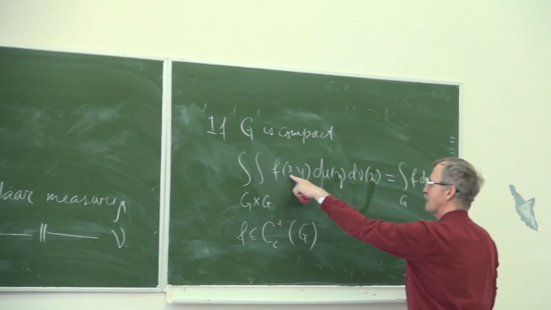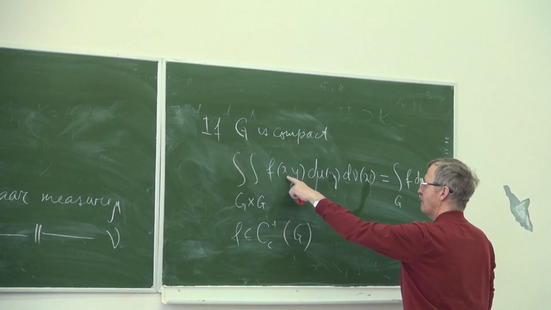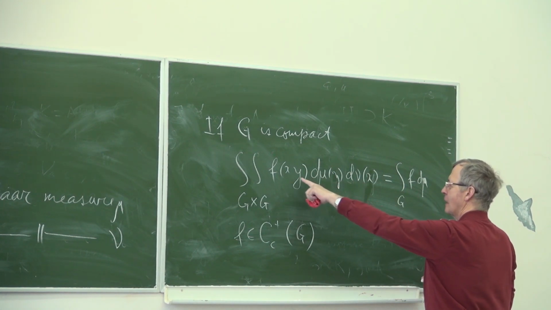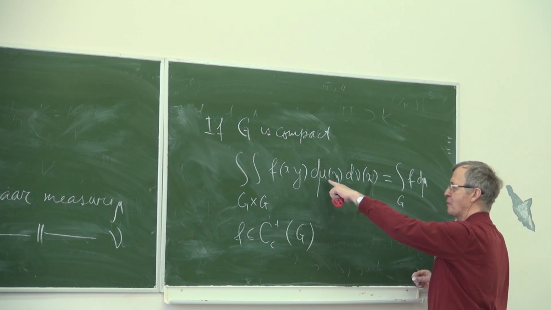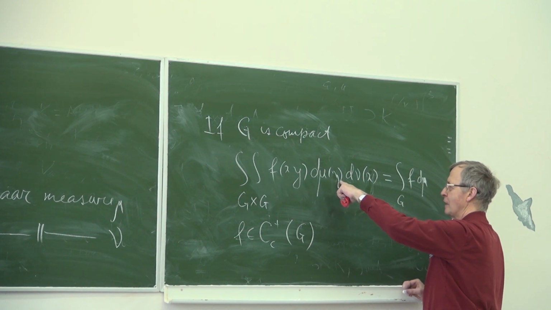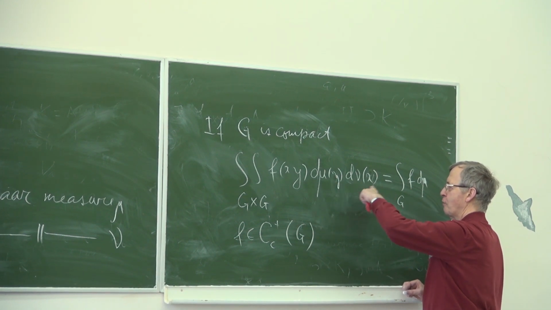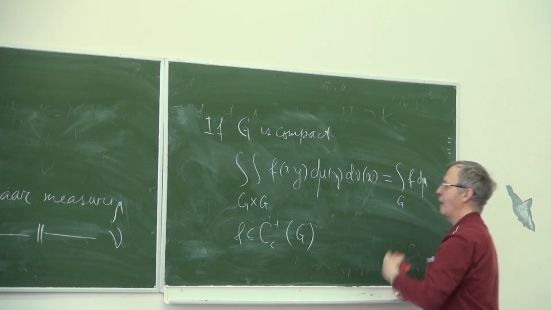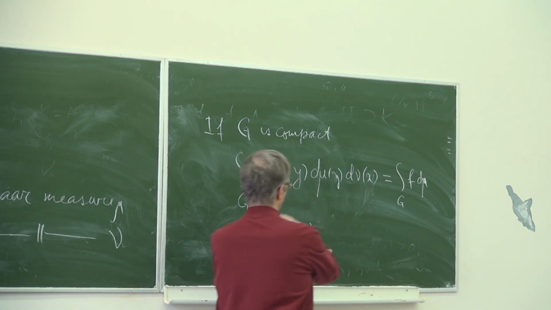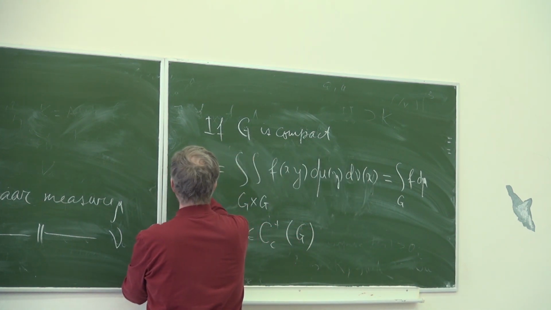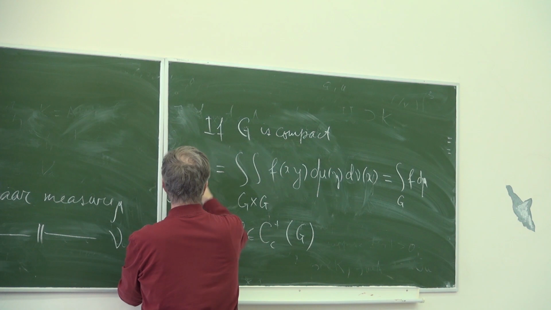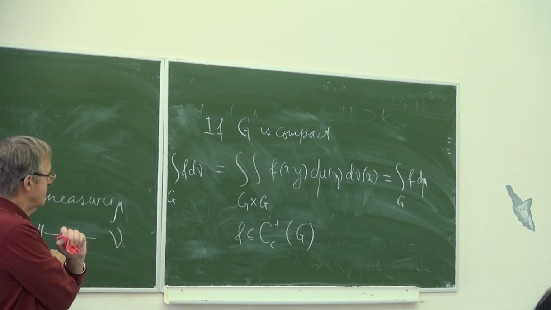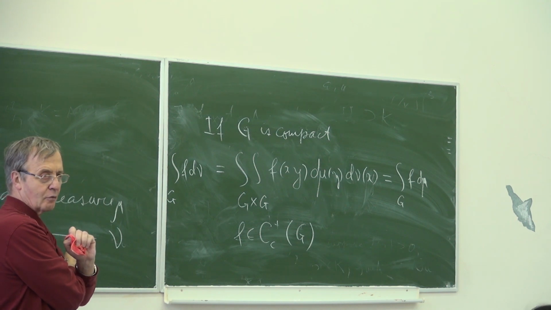You use that mu is left invariant, then x disappears from here because of invariance, and this integral of a constant against this measure gives 1, so you obtain this. And if you reverse the order of integration, you obtain this. So they must coincide in the compact case.